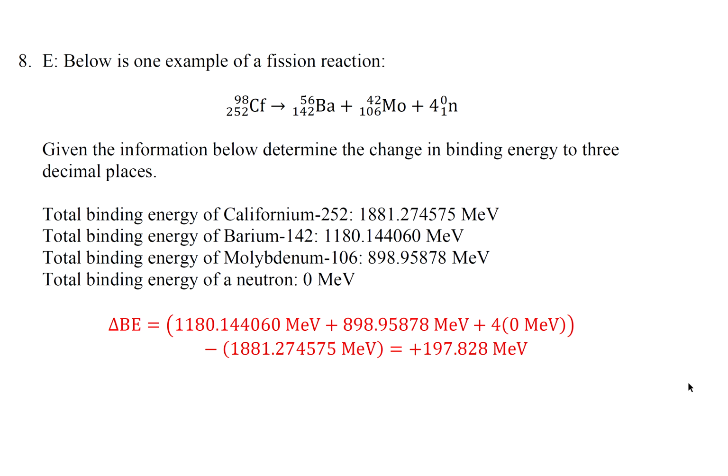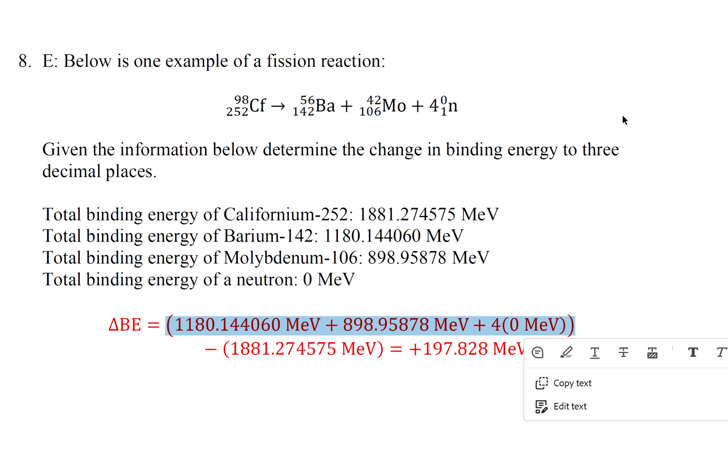Okay. Question 8. Below is one example of a fission reaction. Determine the change in binding energy to 3 decimal places. The change in binding energy, you see, I have something minus something. That first parentheses is what we get at the end here.